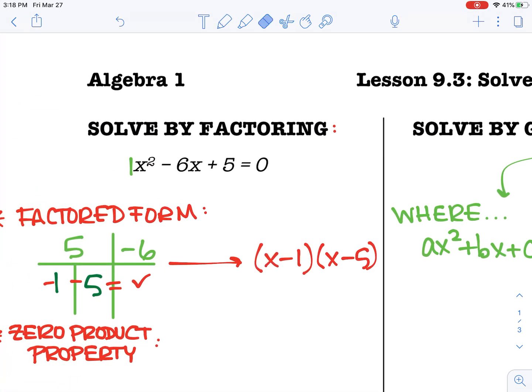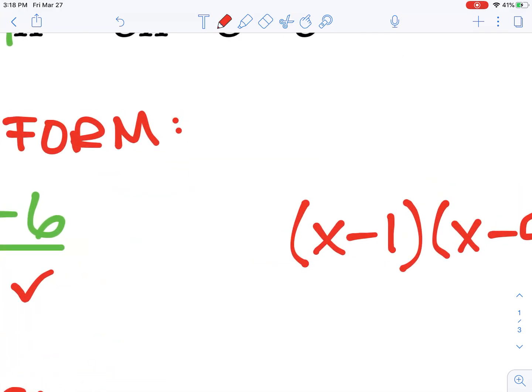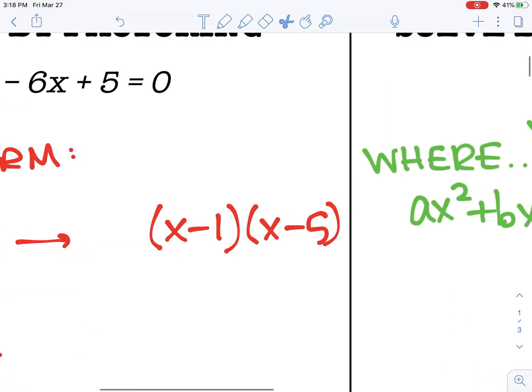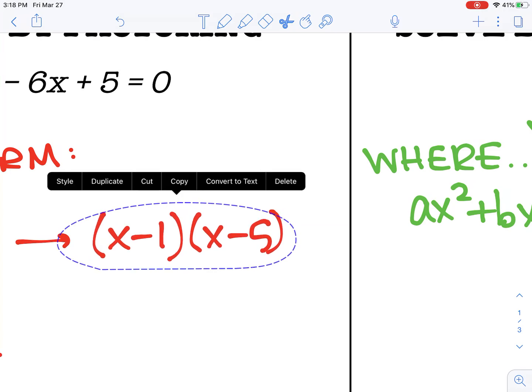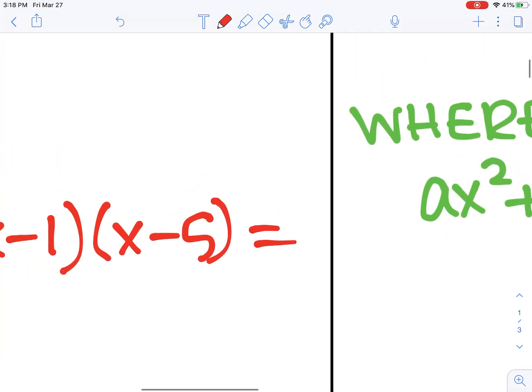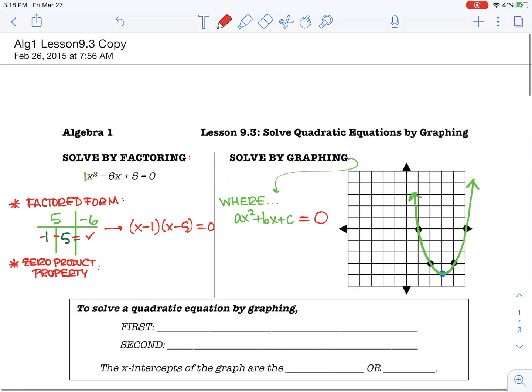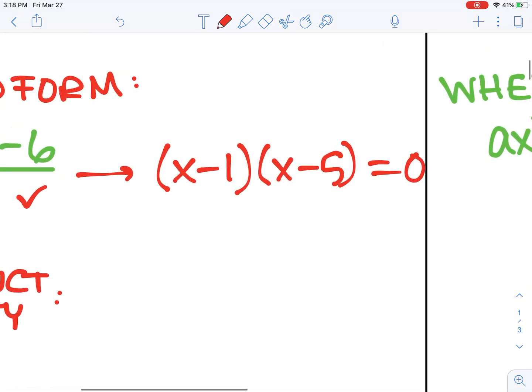However, so that we don't forget that we're actually trying to solve this, we need to make sure we continue to set this equal to 0. So let me give myself a little bit more room there. Equal to 0. All right, so we ask ourselves, if two things multiply to 0, what could x be to make either one of the portions 0?